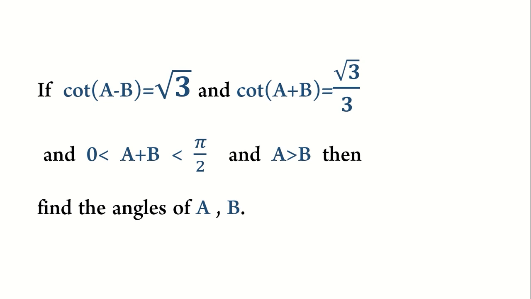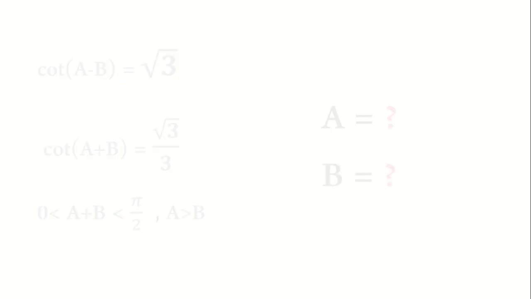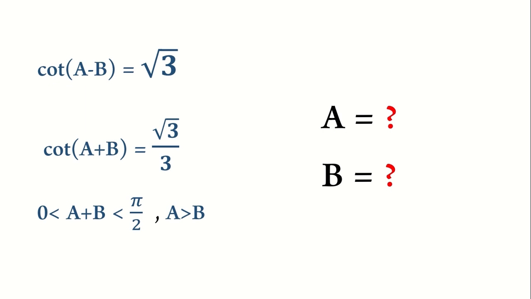So for having those angles, we have to have the cotangent of any single angle, like cotangent of A and cotangent of B. So how can we get A and B from A minus B and A plus B?